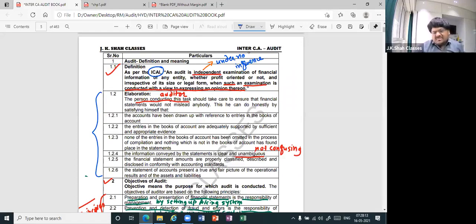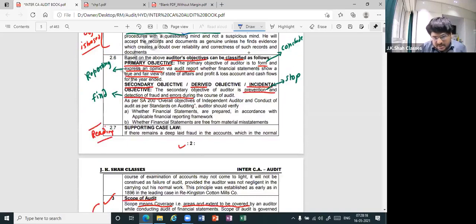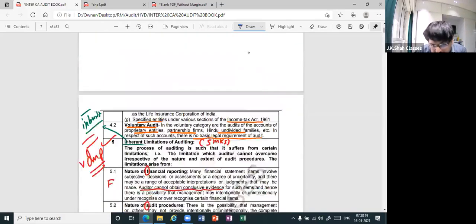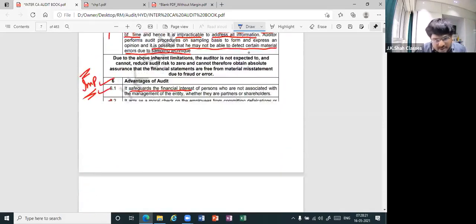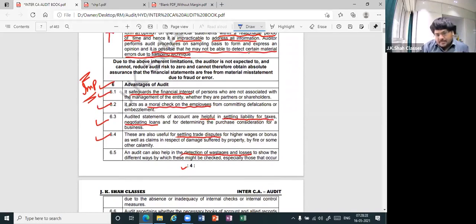Manageable. Okay. Not for examination purpose, but it was there, so I had to tell you. I want you to come to advantages. Come on page number 4. You'll find advantages of audit. This is important and comes in the examination.